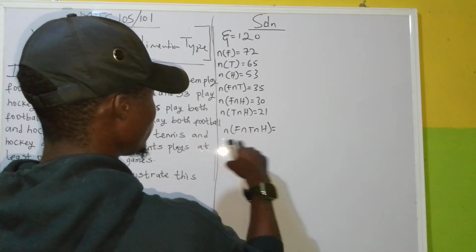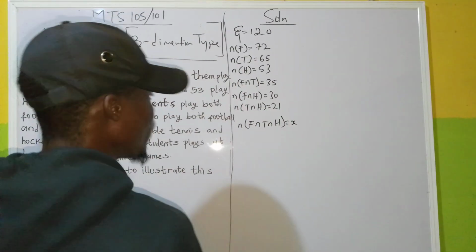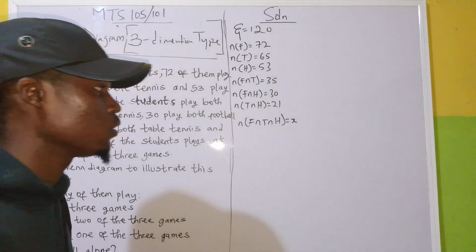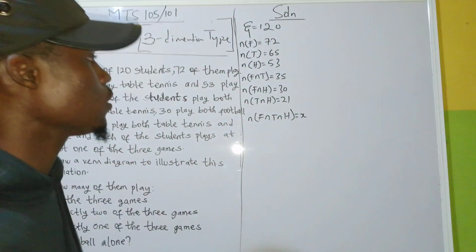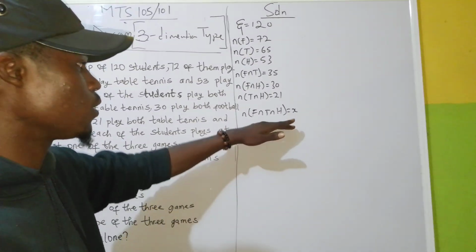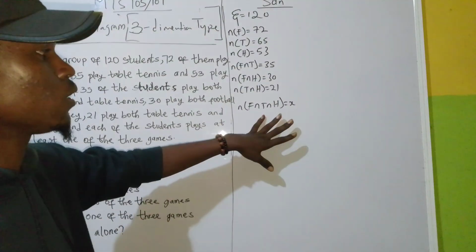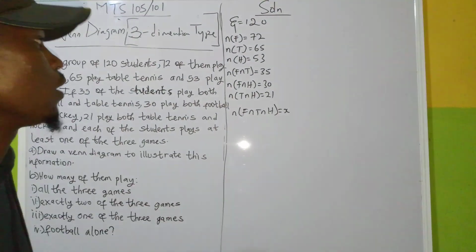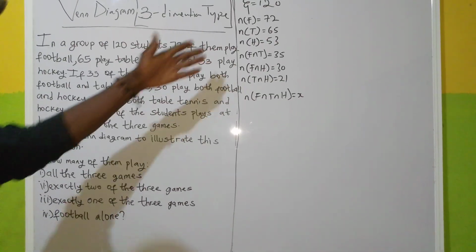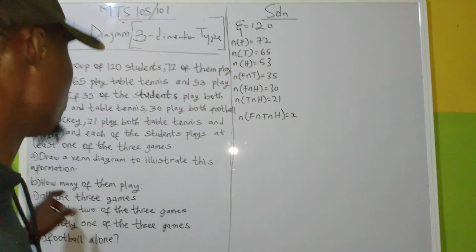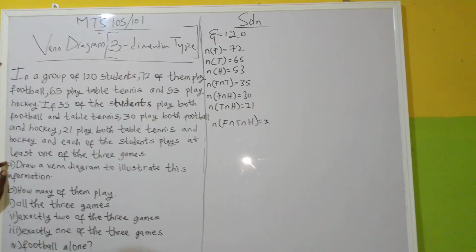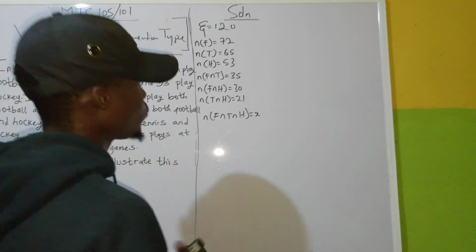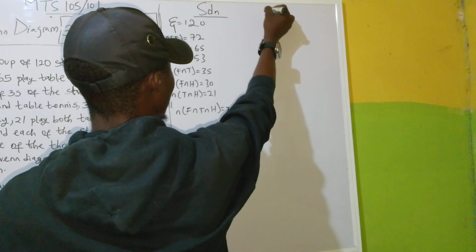They are meant to give us where the three are connected, since they are talking about three sets. If it is two sets, they are meant to talk about where the two sets are joined. Since they didn't give us, we represent it with X. Now we have listed out our parameters. They said we should draw a Venn diagram to illustrate this information, that's in A. Let's express it.